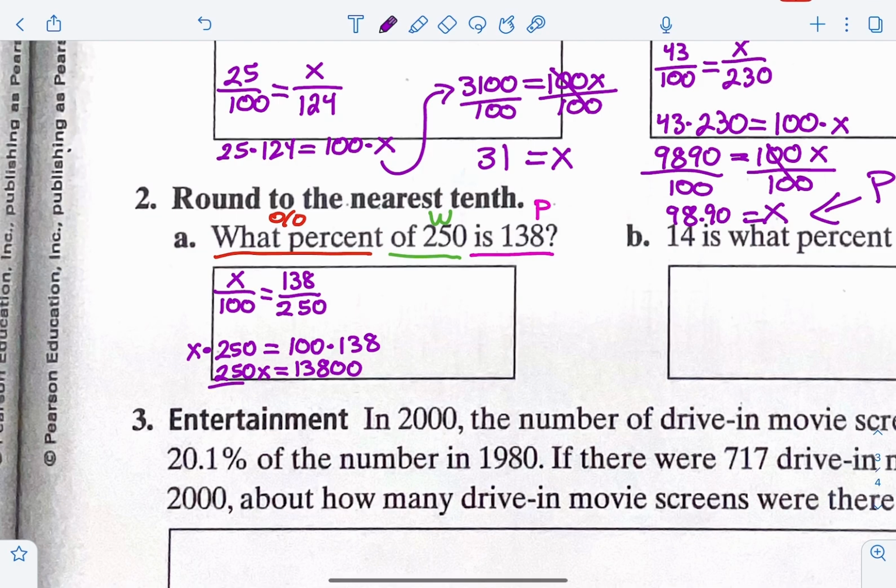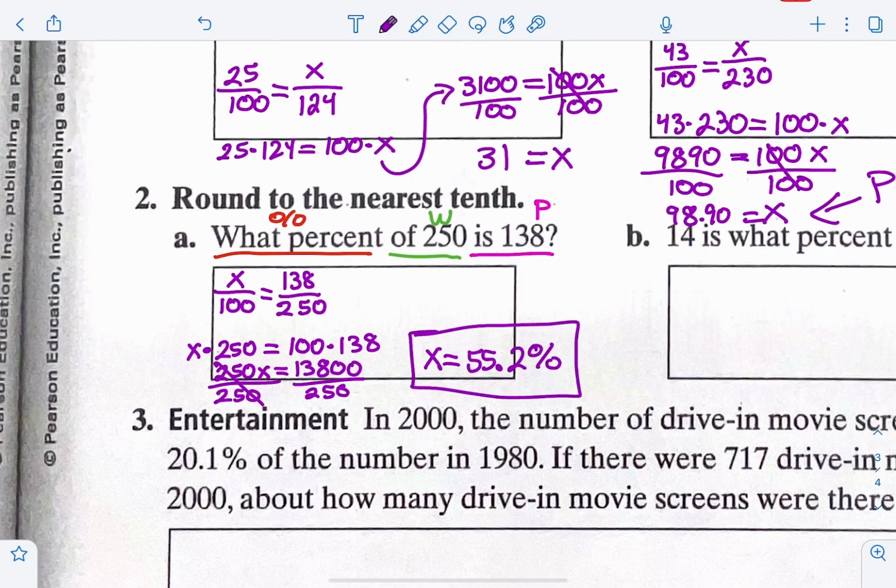If I divide both sides by 250 to get the x by itself, and then I'm going to write my answer over here because I ran out of room, x equals 55.2%. Notice that since we were looking for the percent, I made sure that my answer had a percent symbol in it. So if you have a variable above the 100, you need to make sure that in your answer you have a percent symbol.